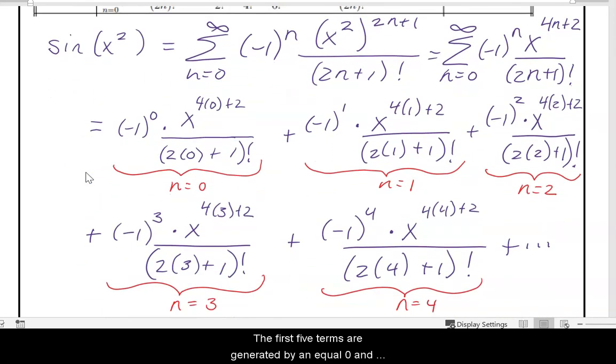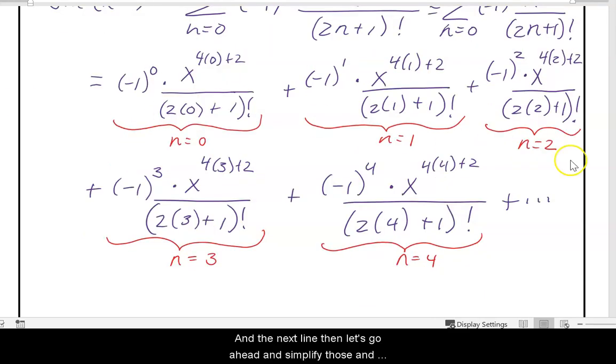The first 5 terms are generated by n equals 0, n equals 1, n equals 2, n equals 3, and n equals 4. By replacing the index of summation n with the value that we're using each time, I will be able to compute and write out the first 5 terms of this power series.